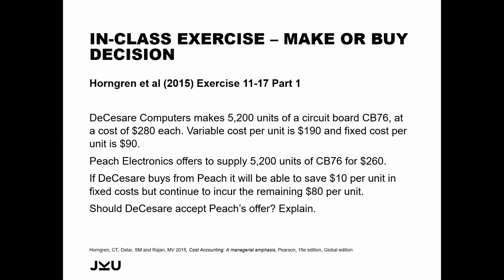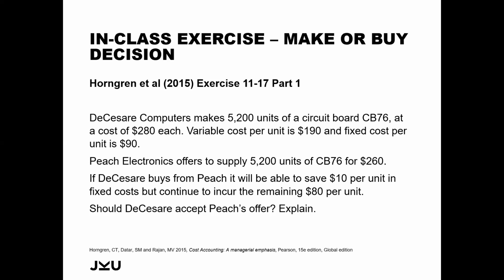And naturally, we need to explain why or how. This is now a bit of a challenging question. We have variable costs of $190 and fixed costs per unit of $90.